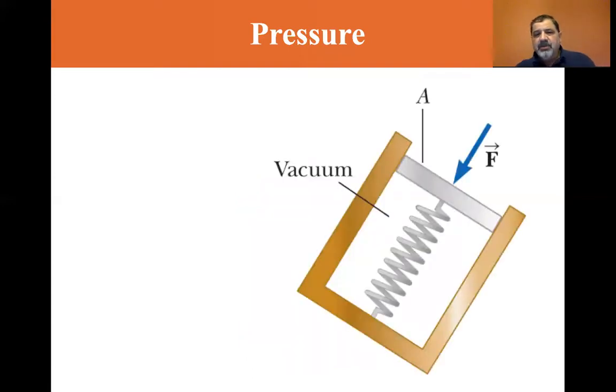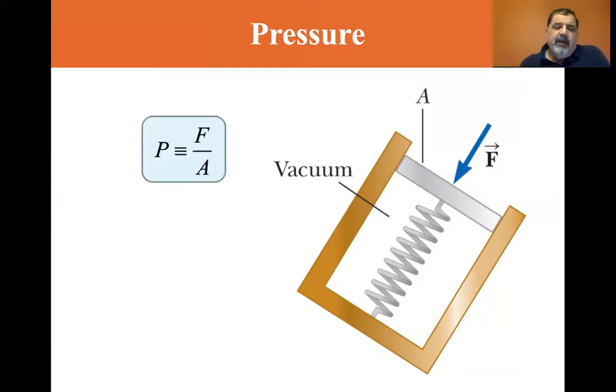You can measure the pressure with a little device like this. The force is exerted on the spring. When we studied the material properties, the Young's modulus, shear modulus, and bulk modulus, we were always applying pressure. Pressure is force over area.